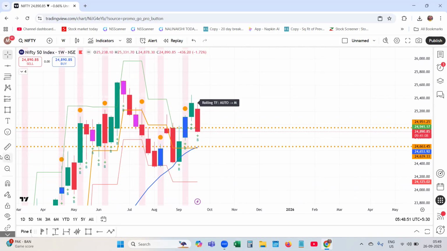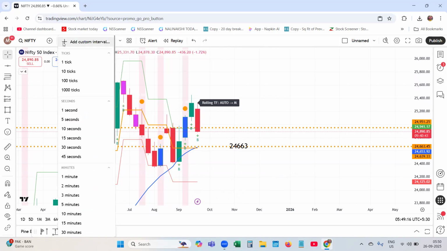So immediate support is around 24,663. That is the weekly balance line. We need to know the buy signal is there on the weekly. The trend signal is there on the weekly. Balance line is there on the weekly.